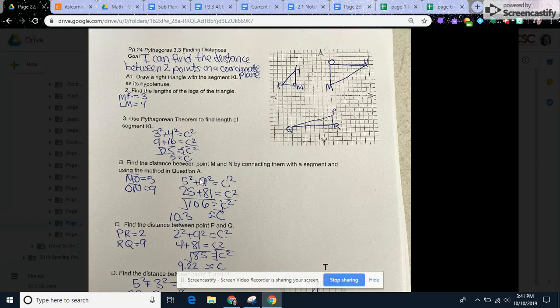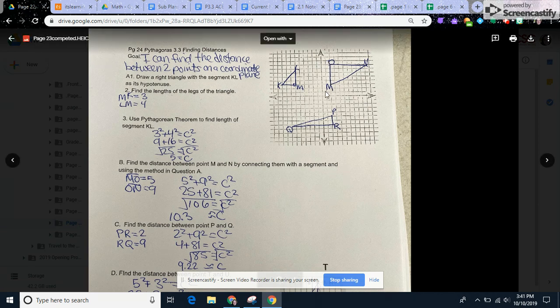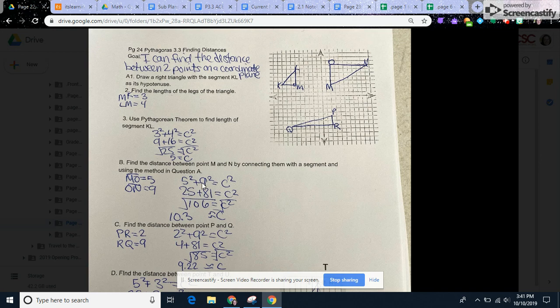So you have your a squared plus b squared equals c squared. Your a squared, that was the distance of 5. So you have 5 squared plus, this had the distance of 9. So 9 squared equals c squared. 5 squared is 25. 9 squared, which is 9 times 9, is 81, equals c squared. When you add those two up, you get 106.